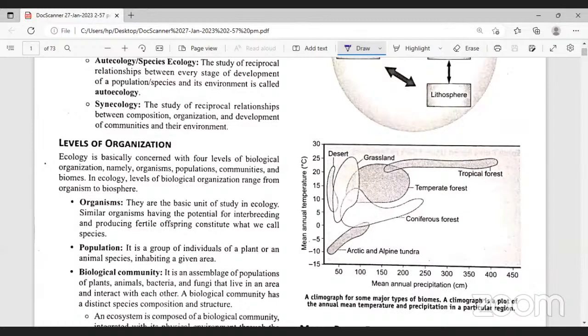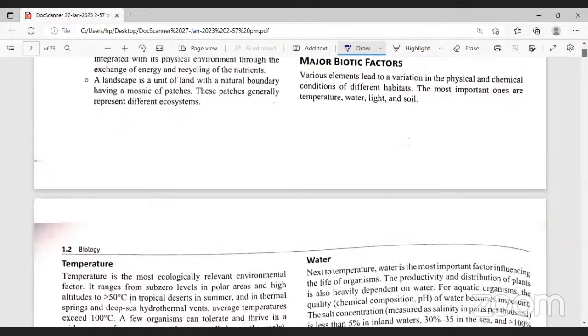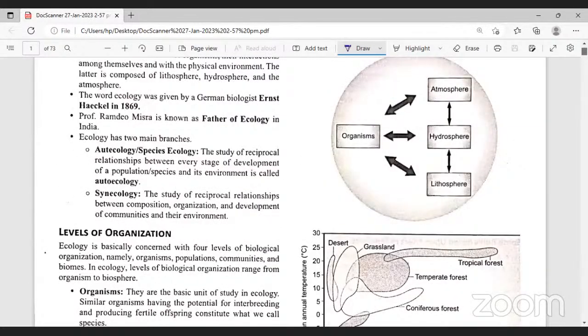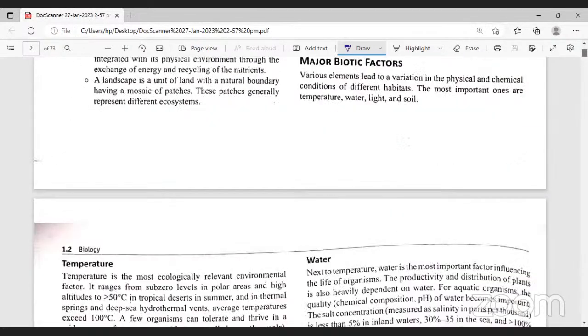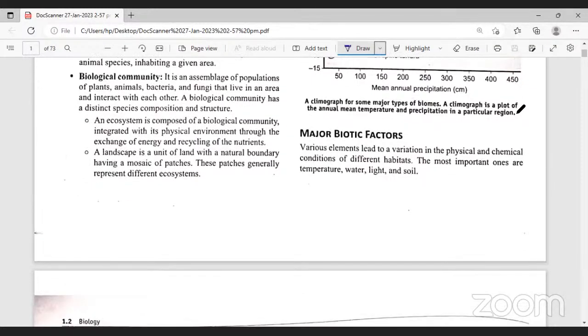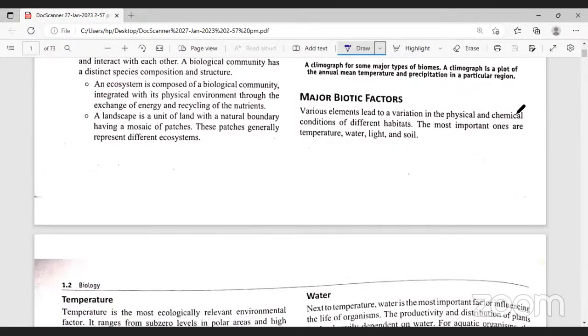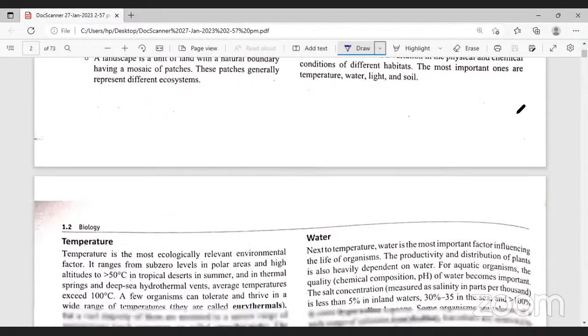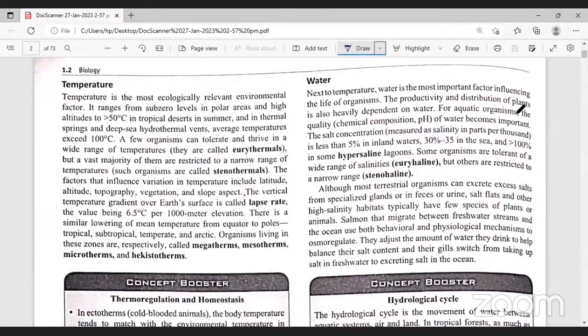So it is also a very important criterion. And from that, organisms and population, biological community, those things we are going to discuss. After that, what is a climograph? And what are the major biotic factors? Those things we are going to discuss.